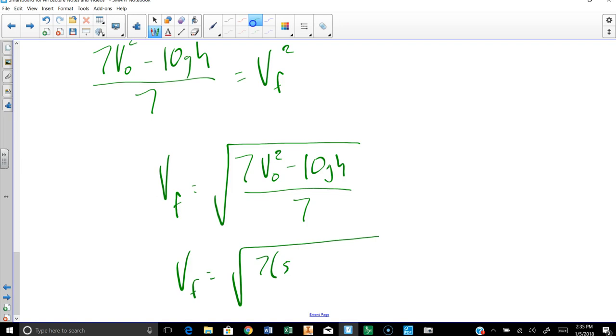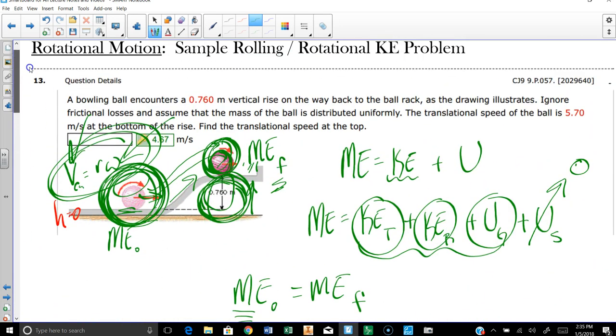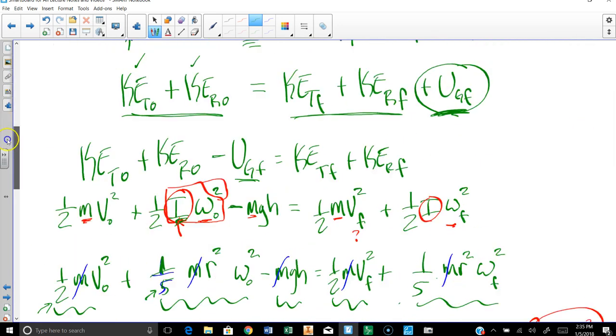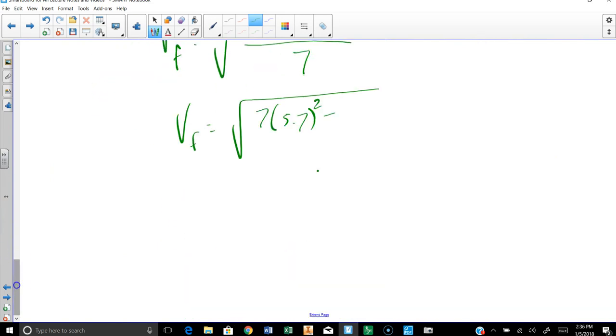I have 7 times, I can't remember, 5.2 or 5.7, one or the other. 5.7 squared minus, what was the height again? 0.76, minus 10 times G times H, which is 0.76, all divided by 7. And let's see what we get.